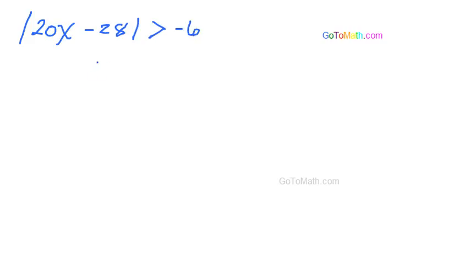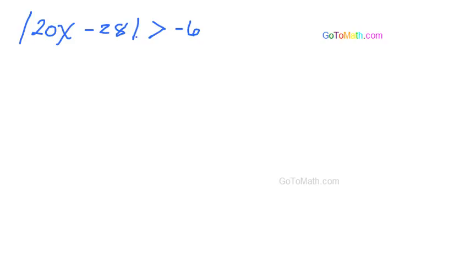Now, remember that no matter what we plug in here, the whole output is going to be either greater than or equal to 0. We can find a number to plug in to get 0, or anything greater than 0. That's what the absolute value is all about.